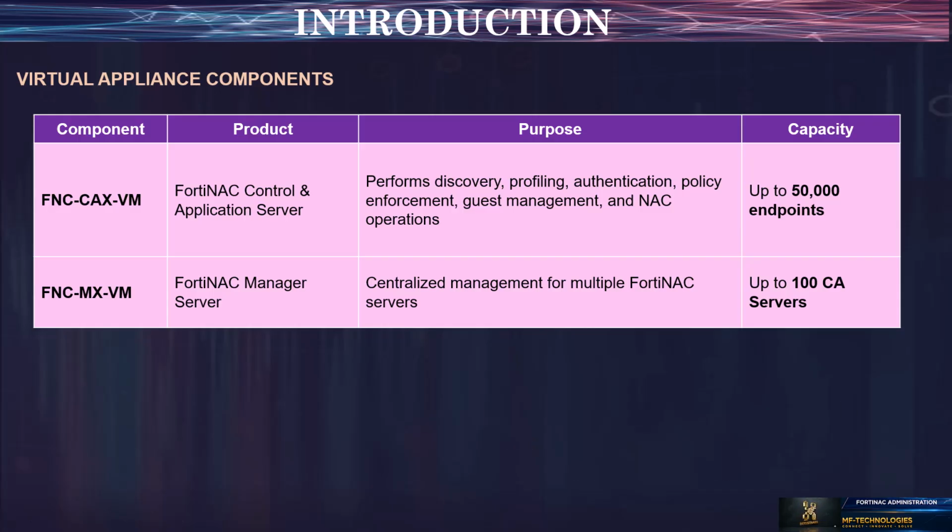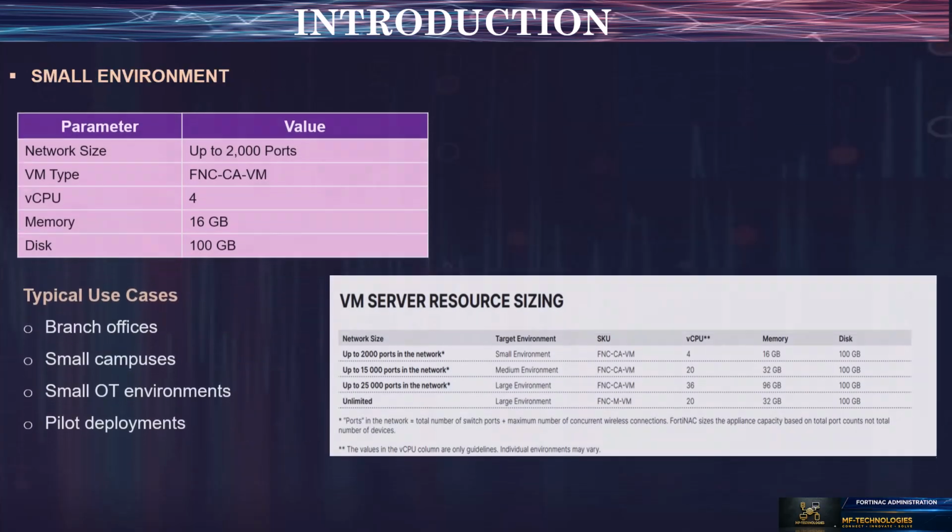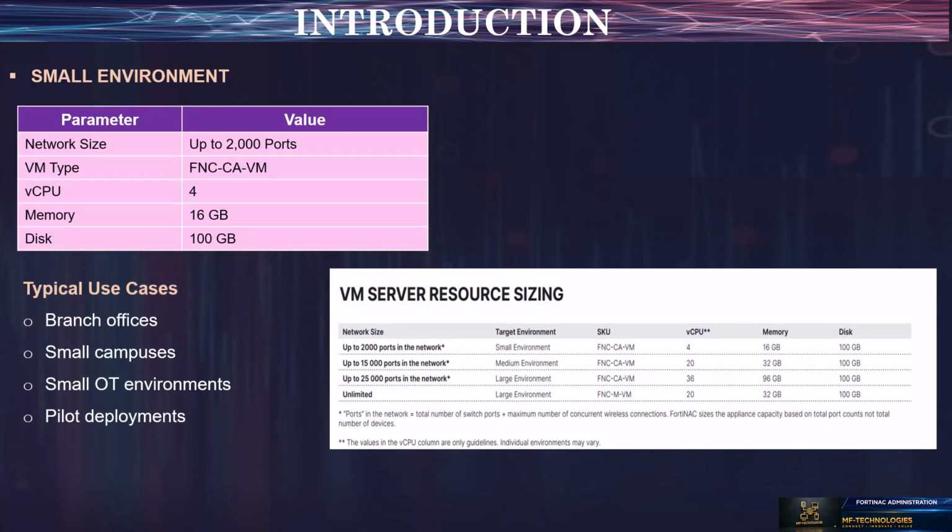Now let's discuss the recommended virtual machine specification for a small environment deployment. As you can see on this slide, the sizing is intended for environments with up to 2000 monitored network ports. The recommended virtual appliance is the FNC CAVM. Fortinet recommends allocating 4 virtual CPUs, 16 gigabytes of memory, and 100 gigabytes of storage.